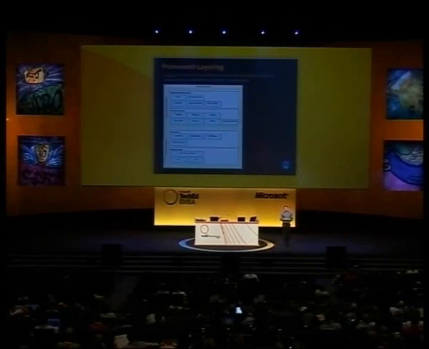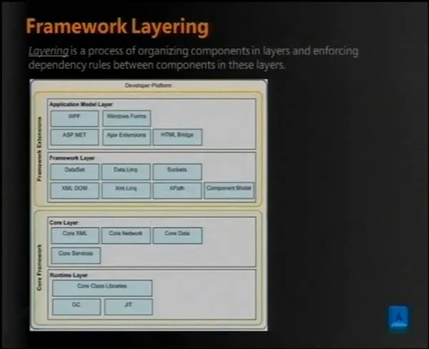What we then do, after we have the list of components and the types that belong to each of them, is layer them, which is we structure them into groups that logically are one on top of the other. The most important part of layering is that we distinguish between core framework and higher level framework.